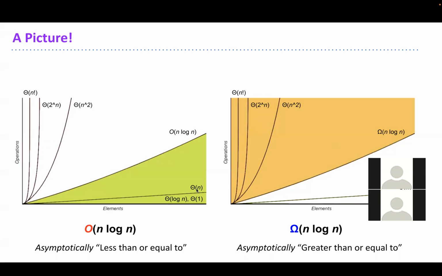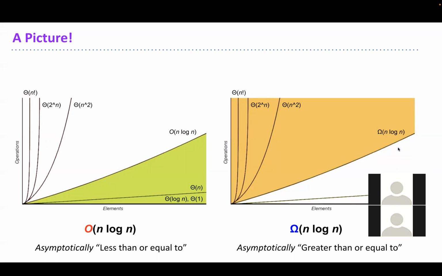So n is upper bounded by n log n, constant time is upper bounded by n log n. This just means that n log n is an upper bound for these functions down here.